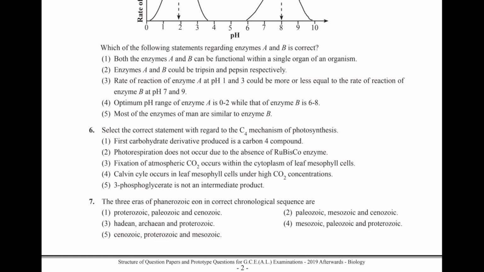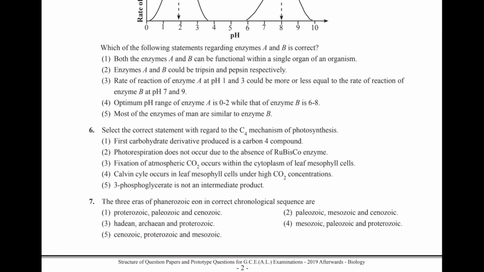Then, question number 7. The 3 eras of Phanerozoic eon in correct chronological sequence are. This question is given from the 3rd chapter, right? Now, there are 4 geological eons: Hadean, Archean, Proterozoic, and the Phanerozoic.